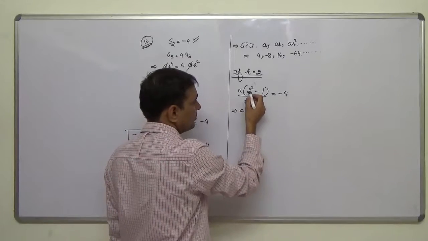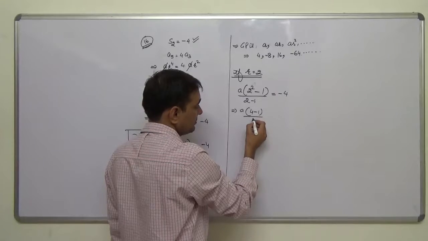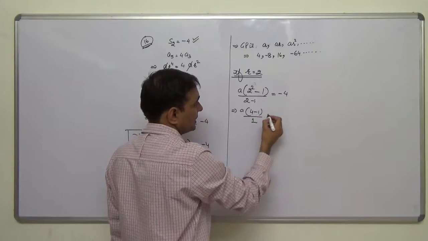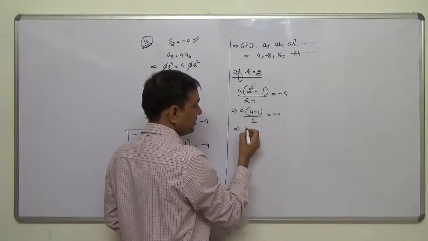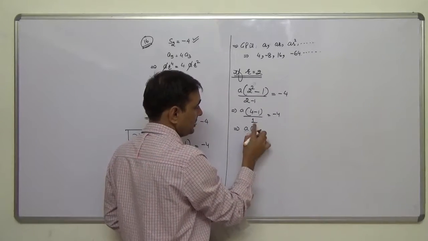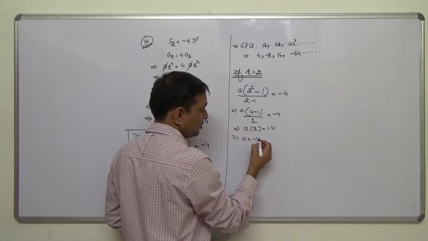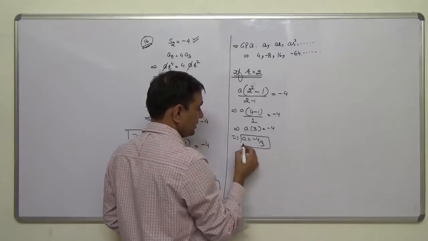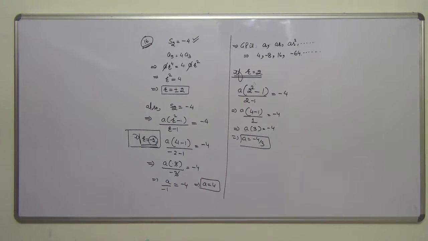Implies A into 4 minus 1 upon 1 is equal to -4. Simplifying this, A into 3 is equal to -4, implies A is equal to -4 by 3. यहाँ से हमें A मिला है -4 by 3.